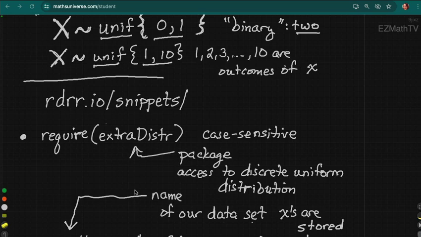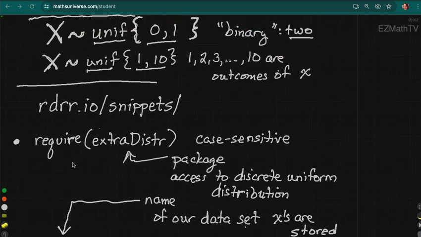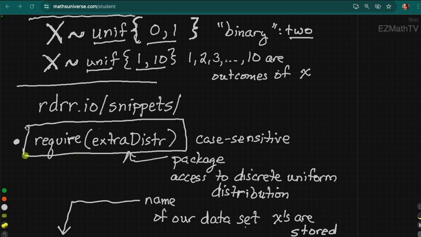One of the first things that we need to know is there's 5 lines that we're going to type in. The first thing that we're going to type in is what you see right here. I'm going to put a box around it. That's the first thing that we're going to type. What that means is that we need to be able to use a special package.